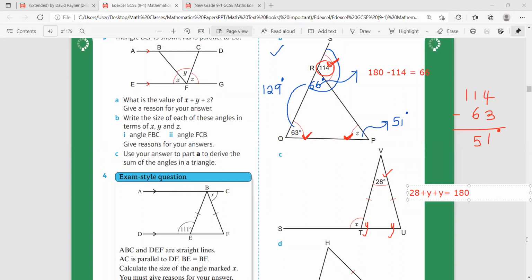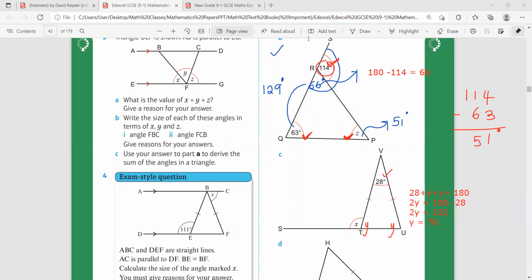So y plus y, it's 2y. So I can take 2y equals 180 minus 28. Then you're getting 2y equals 152. Then when you divide by 2, you are getting 76. So you are getting one angle as 76.